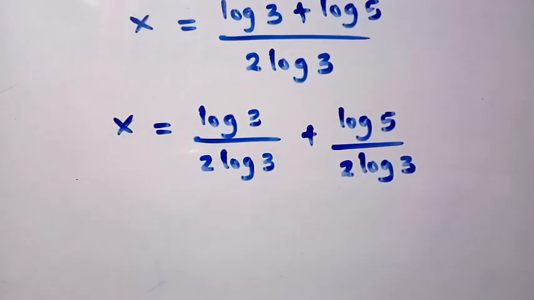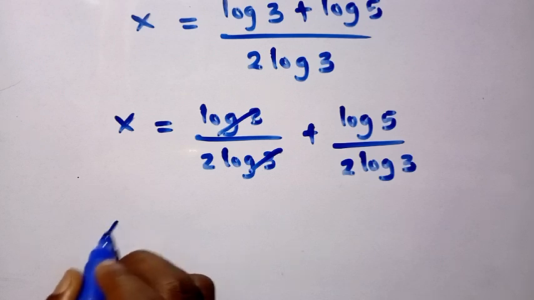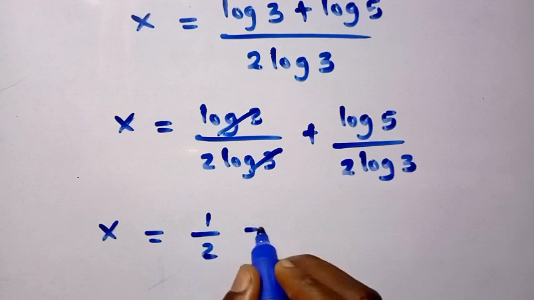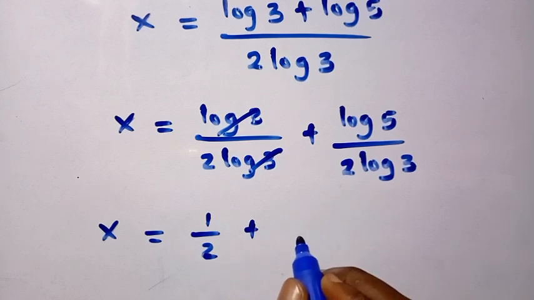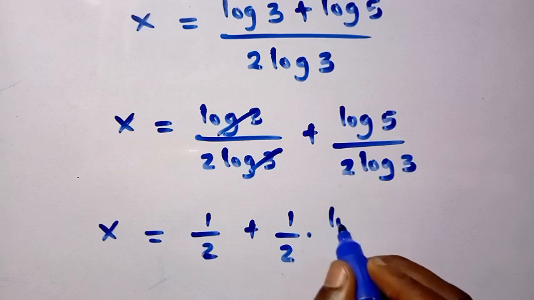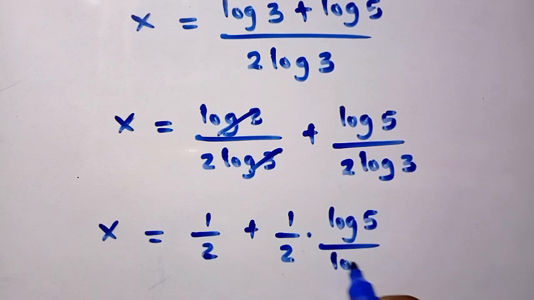After having this, log 3 cancels log 3, and we therefore have x equals 1 over 2 plus 1 over 2 multiplied by log 5 divided by log 3.